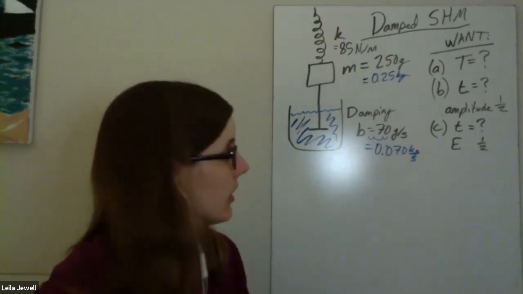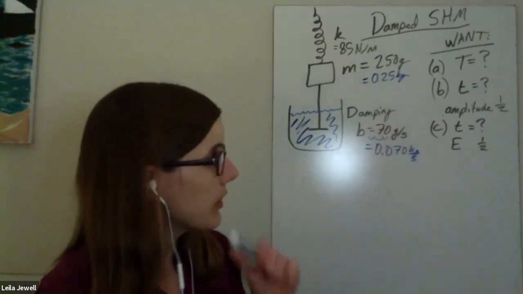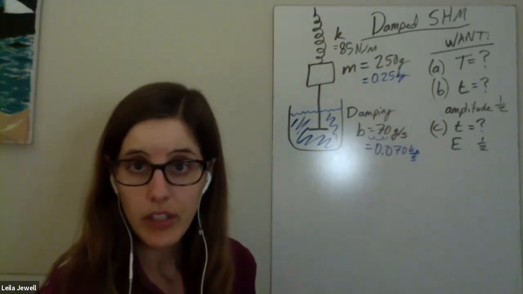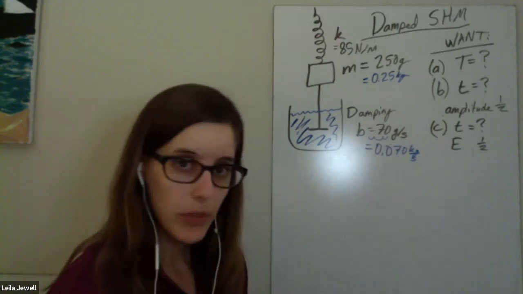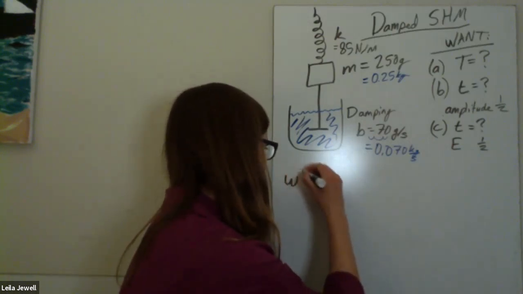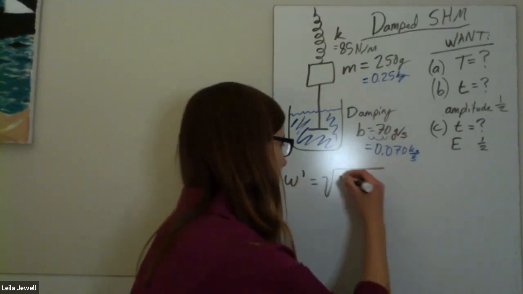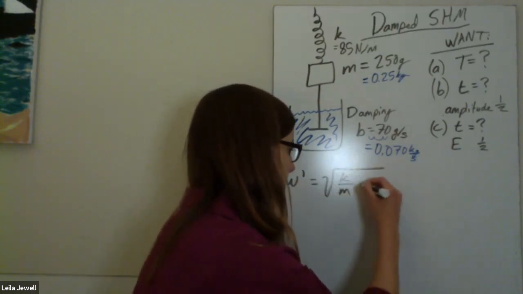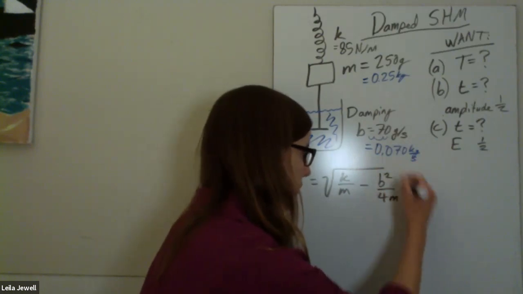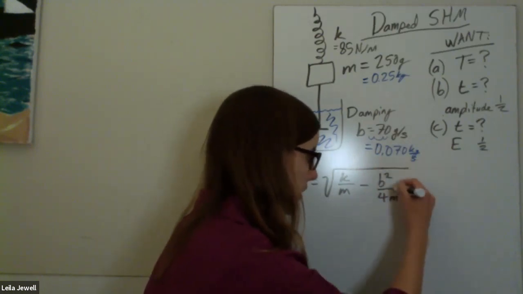All right, so we first want to find the period, and we have an equation for the angular frequency, right? We know the modified one is that omega prime is the square root of k over m minus b squared over 4m squared, I believe.